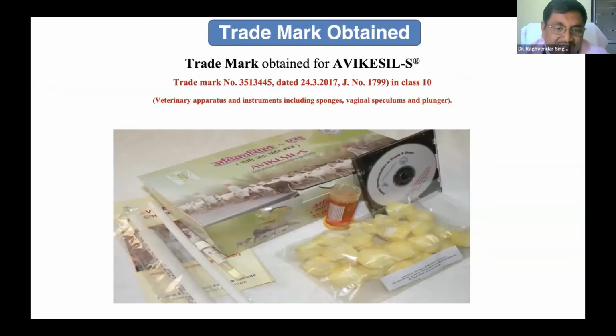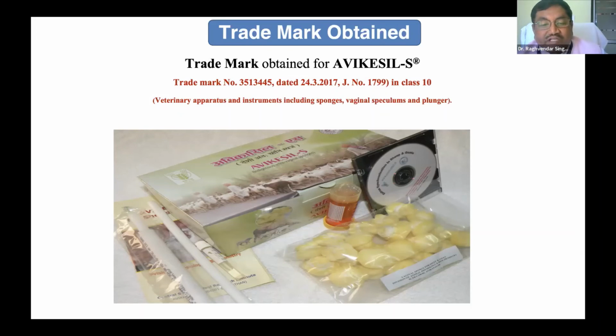This technology is available under the trademarked name Avika seal. It includes sponges, a plunger, and a speculum.